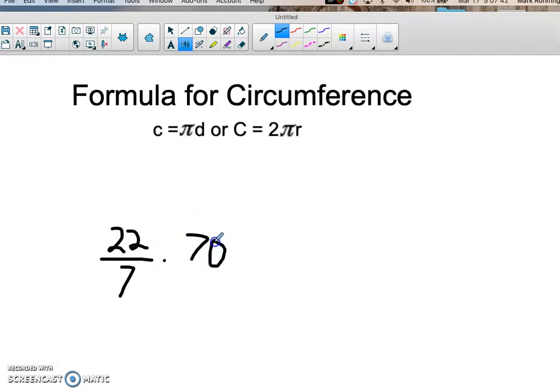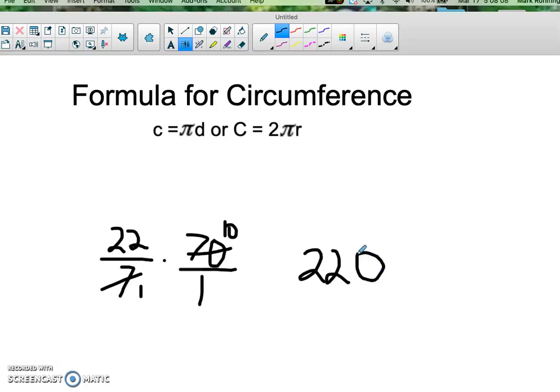And remember to turn that into a fraction. We'll just put it over 1. And 7 goes into itself 1 time. 7 goes into 70 10 times. That's going to be 22 times 10, which is 220.